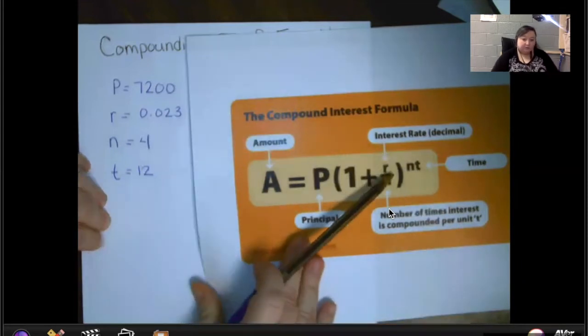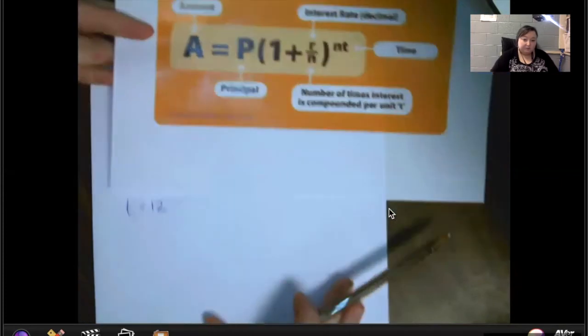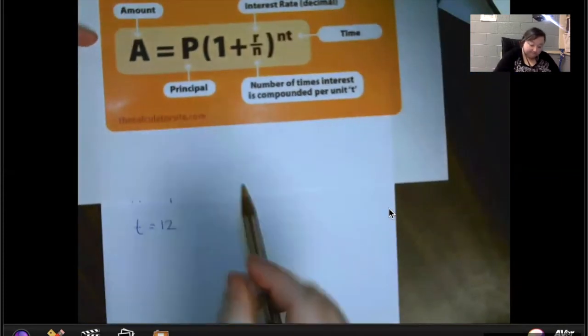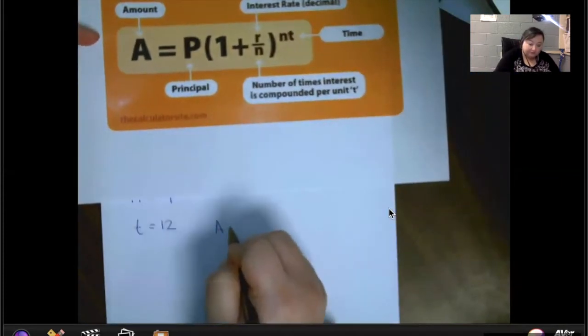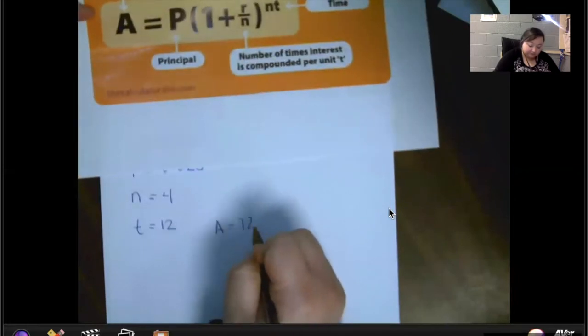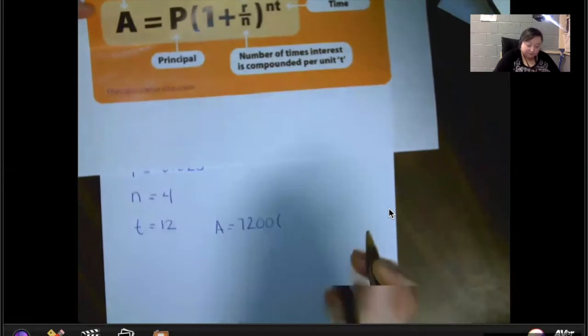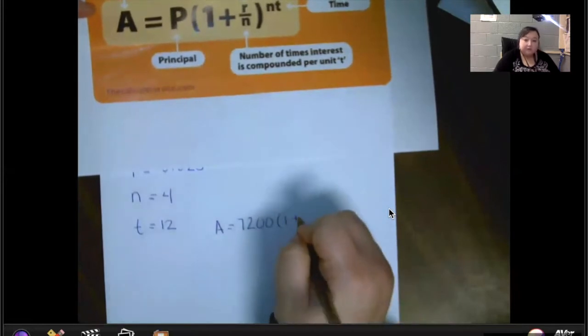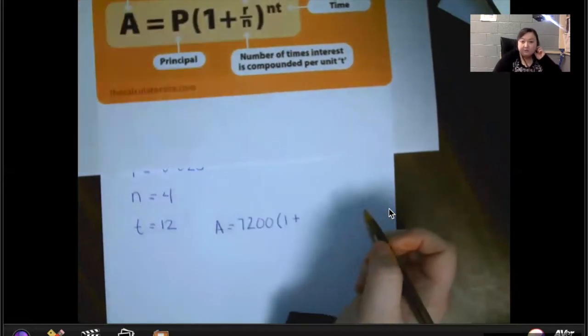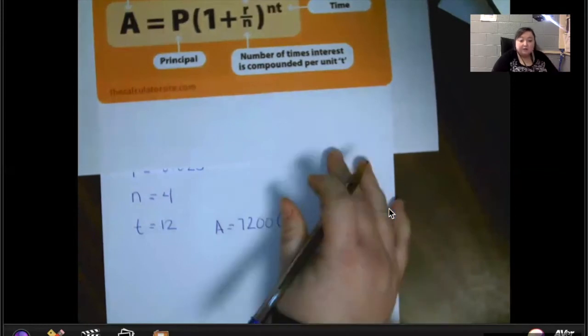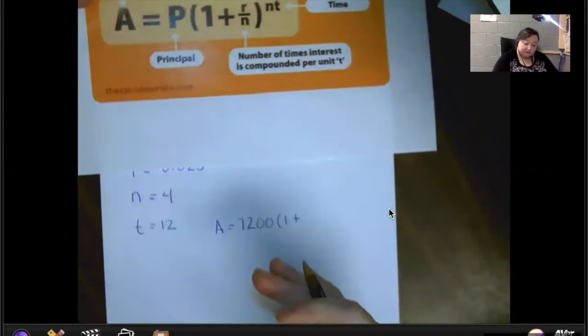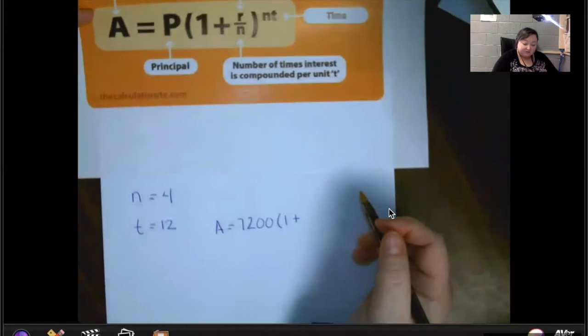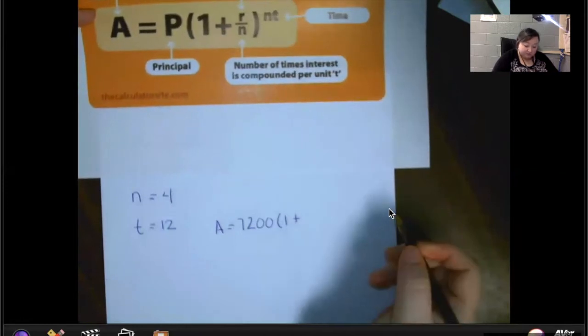Okay, so we're just plugging those numbers in where they belong. So our principal, $7,200. It is growing. Typically, when you're talking about interest in a bank, that is money that you are collecting on top of money that is already in there. So we're going to keep it as a plus.